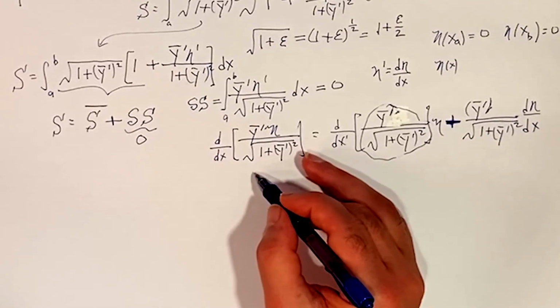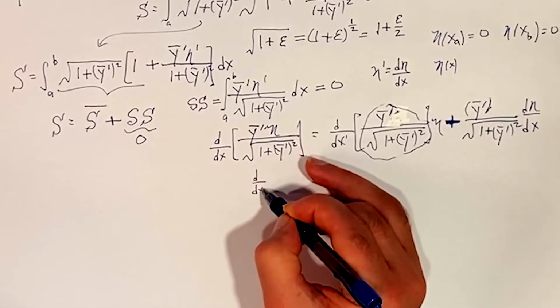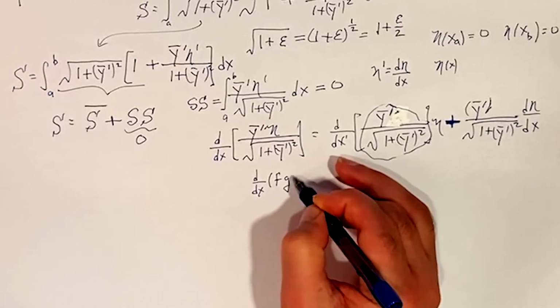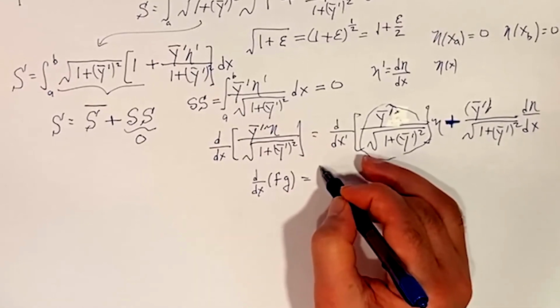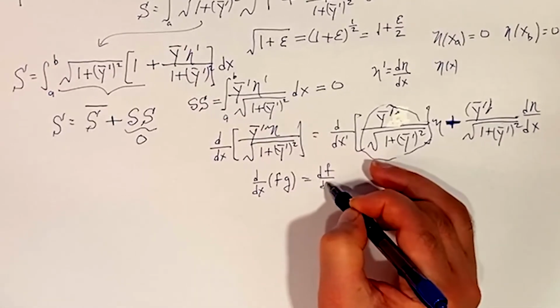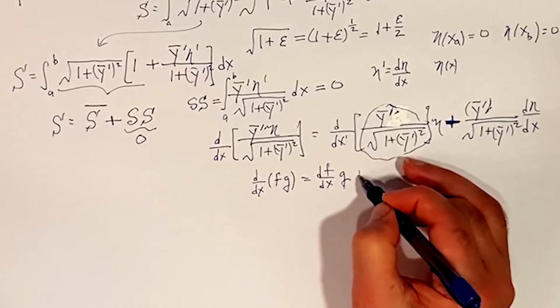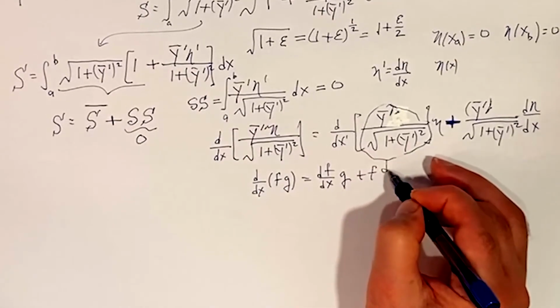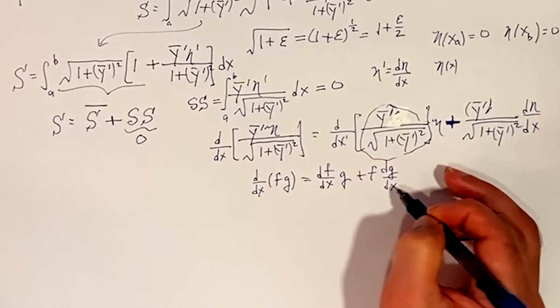So you can think of this as like having d dx of an f and a g. And you're going to have then df dx times g plus f times dg dx.